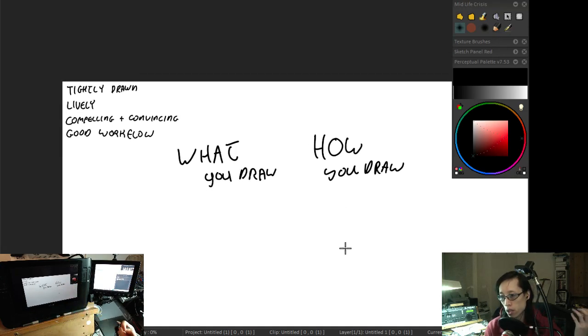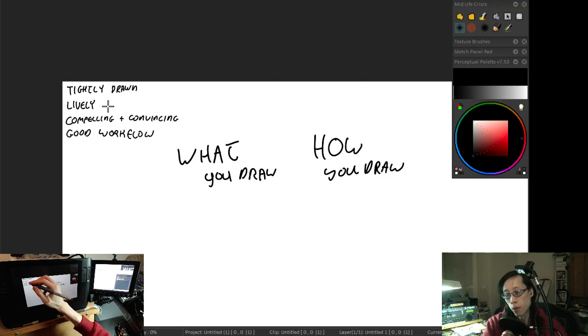So this is like what you say versus how you say it. There's the information that you're trying to convey, and then there is how you intend to convey this information. So the drawing is more of the how you draw, the what you draw.